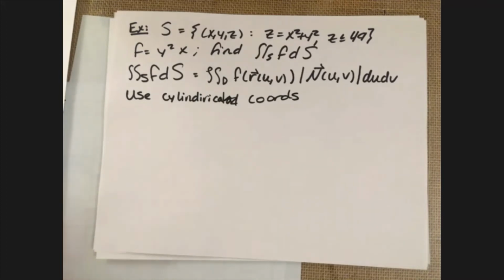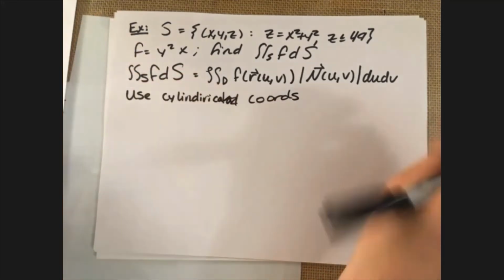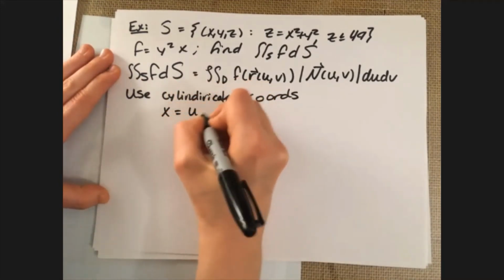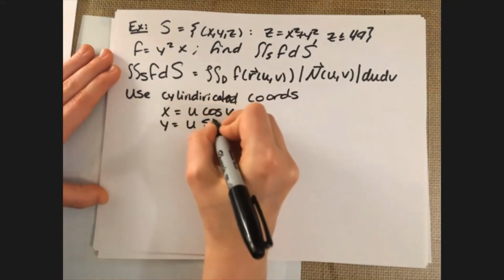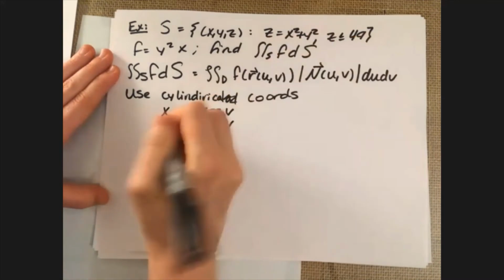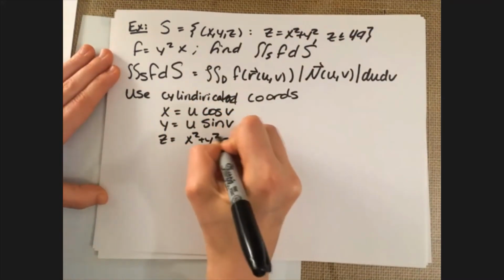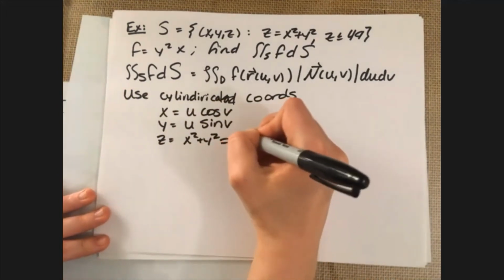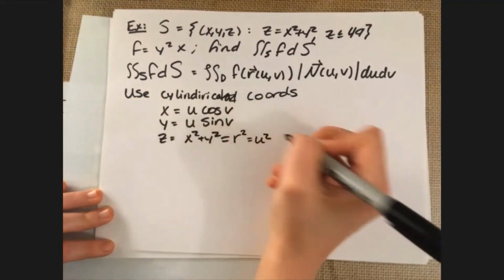Remember that our goal is to replace x, y, and z, because we want to have it in terms of u and v. We're going to use the standard x equal to u cosine v, y equal to u sine v, and we're told very specifically that z is equal to x squared plus y squared, which in cylindrical coordinates would typically be r squared, but here we've replaced r with u, so it's just u squared.